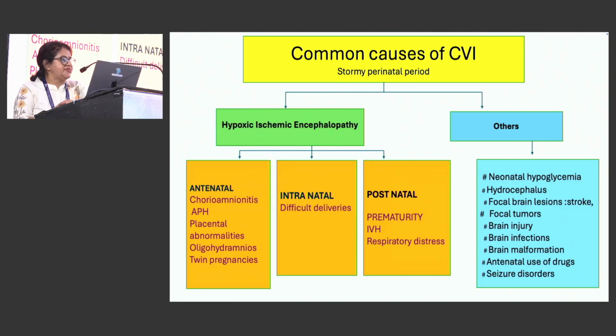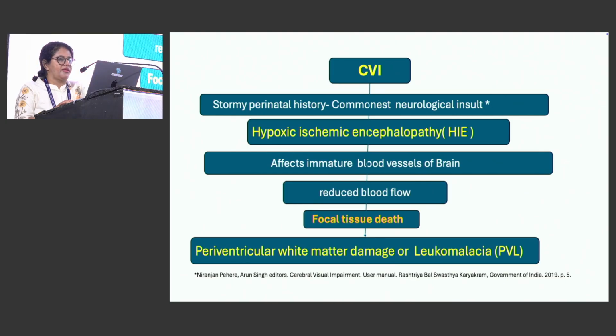The most common cause is hypoxic ischemic encephalopathy. That can happen if there is any insult during the antenatal, intranatal or postnatal period. Other common causes are neonatal hypoglycemia, focal brain lesions like stroke, encephalitis, infections of the brain, seizure disorders, etc.